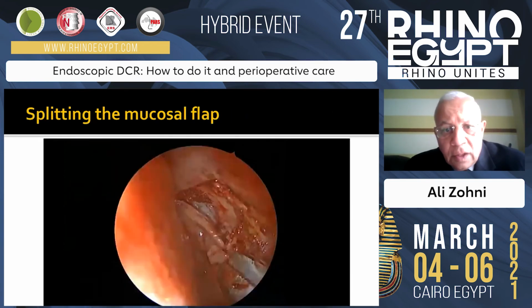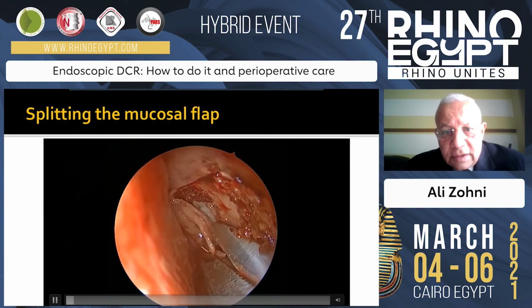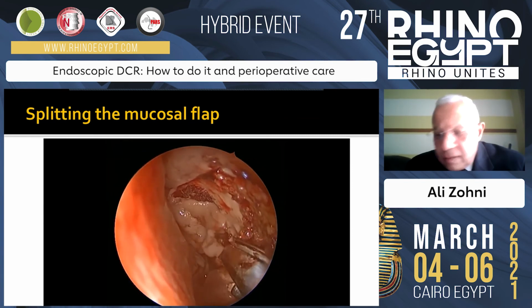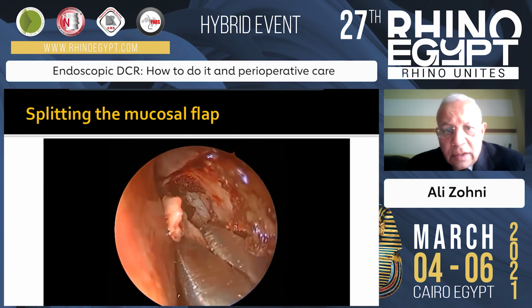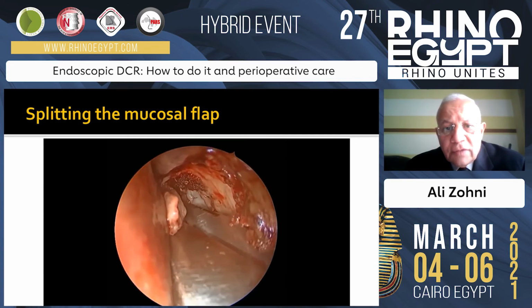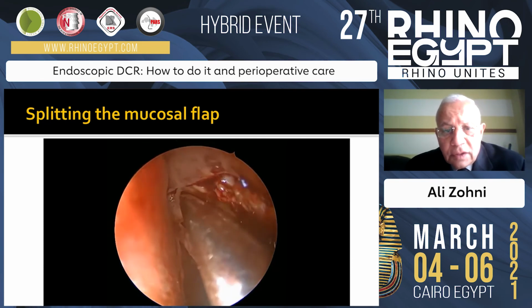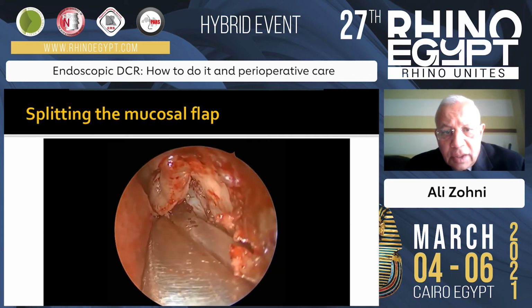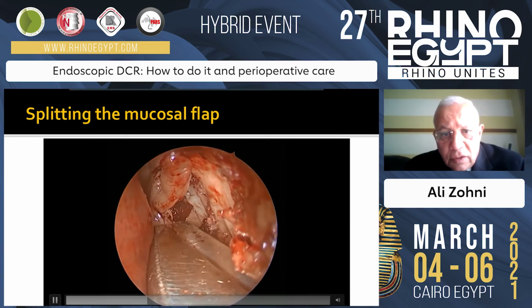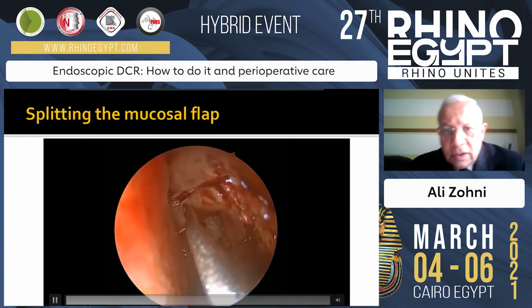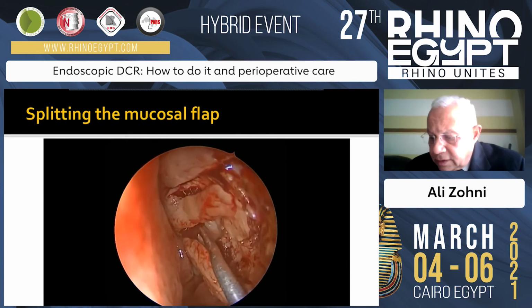process. After that, the mucosal flap, initially raised, is transversed by a transverse cut to divide it into two flaps, superior and inferior. The upper flap is used to cover the upper surface of the field, and the lower flap is used to cover the inferior part, keeping in mind that we have to leave the area of the common canaliculus from inside patent in order not to hinder the drainage of the lacrimal system.